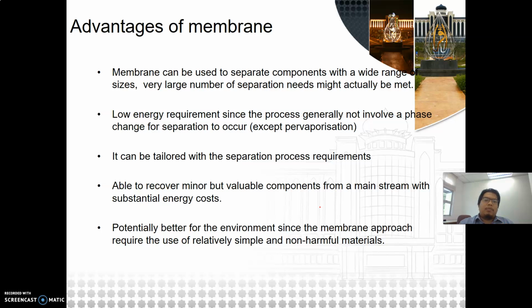It can also be tailored to special process requirements, and it is able to recover valuable components from our mainstream with sufficient energy cost, and is potentially better for the environment since the membrane approach requires the use of relatively simple and non-harmful materials. That is the advantage of membranes.